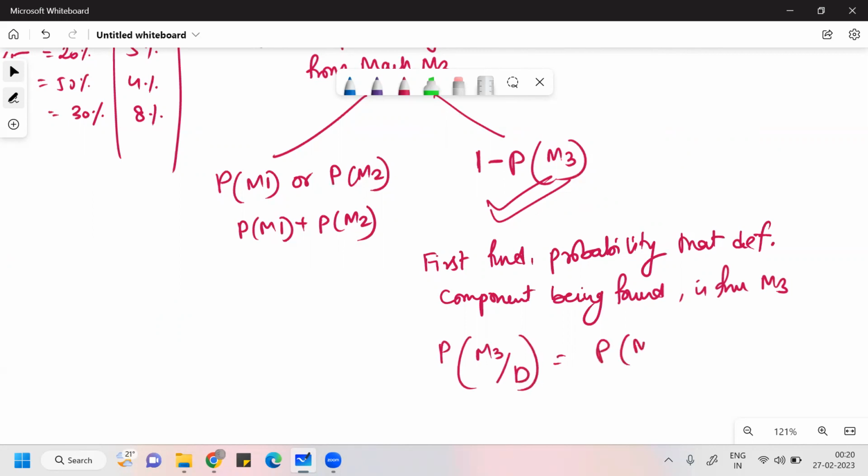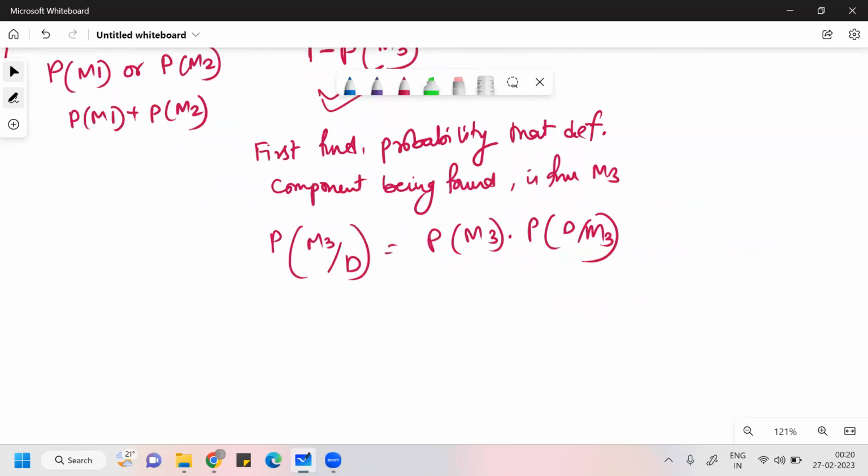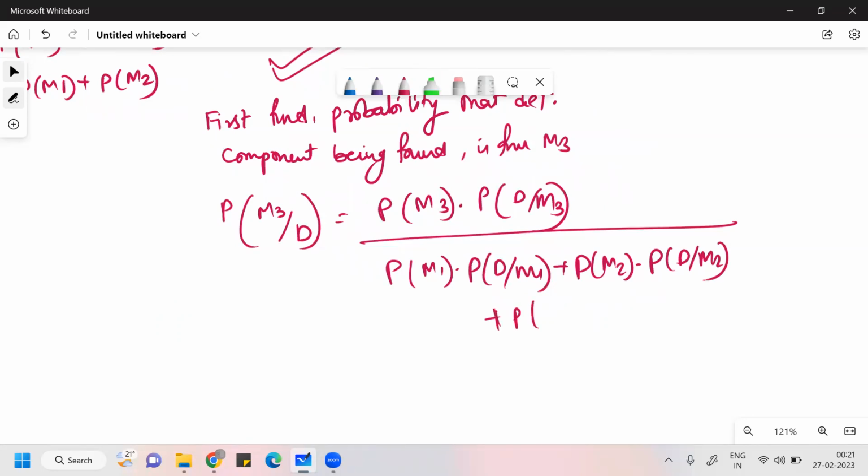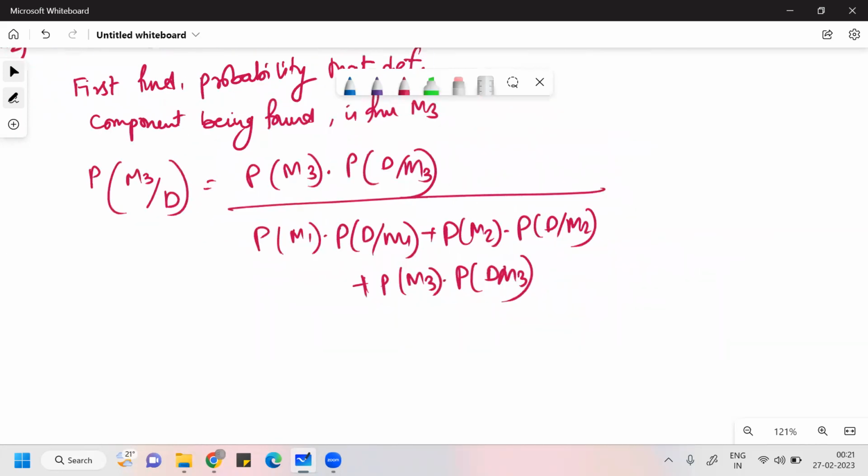That would be the probability of choosing machine M3 times the probability of a defective component from machine M3, divided by the total probability: the probability of choosing machine M1 times a defective component from M1, plus the probability of choosing M2 times a defective component from M2, plus the probability of choosing M3 times a defective component from M3. You do it like this, you will get the answer.